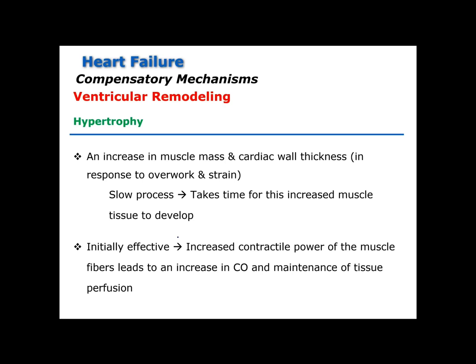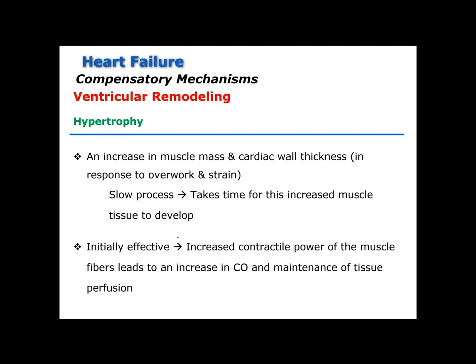So an increase in muscle mass and cardiac wall thickness in response to overwork and strain is a slow process; it takes time for the increased muscle tissue to develop. Initially effective, it increases the contractile power of the muscle fibers, leading to increased cardiac output and maintenance of tissue perfusion. So we went from dilating to hypertrophy, which we've talked about, where it takes time, but the muscle tissue is developing.